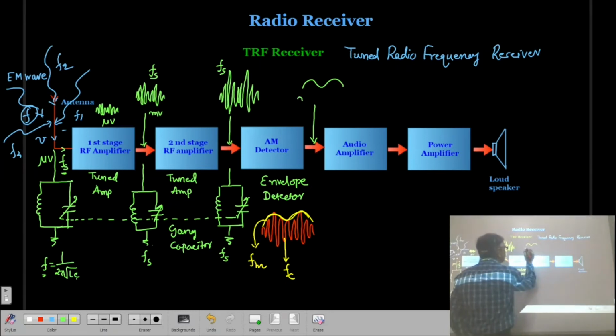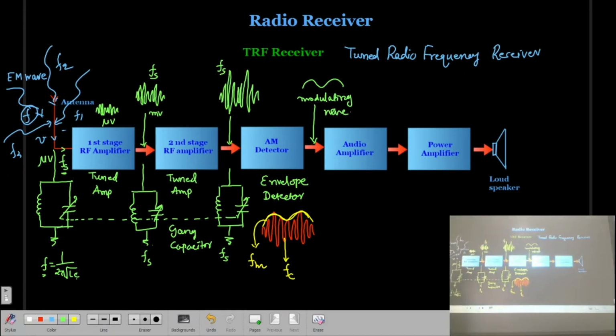This is your modulating signal. And the envelope detector consists of one simple diode and a filter circuit capacitor.